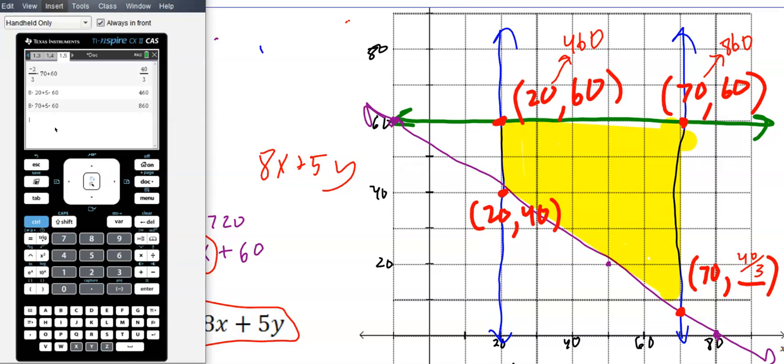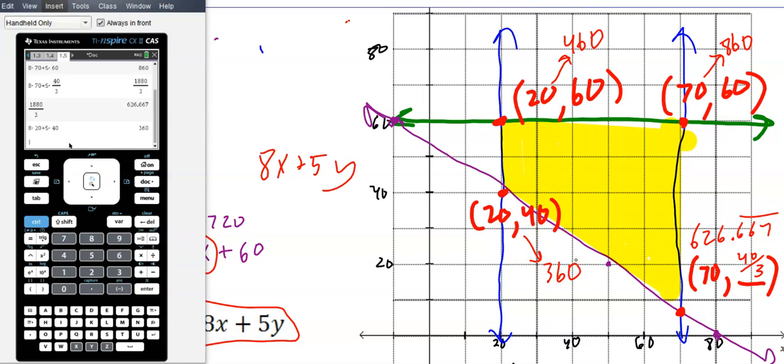Then 8 times 70, that bottom right point, plus 5 times the fraction 40/3. If I want the decimal there, I can hit Control Enter to get it. That would be 626.667, 666 repeating, I guess. And then the last one would be 8 times 20 plus 5 times 40. It's 360, so this one's 360.